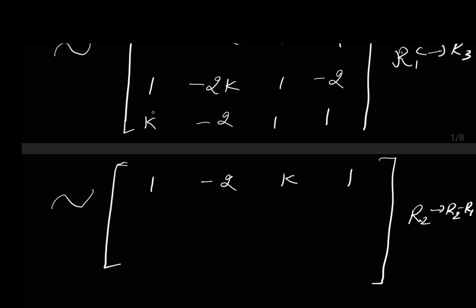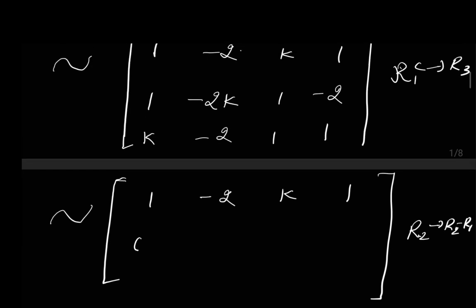I subtract it from here because I want to make it 0. So, 1 minus 1 is 0. Then R2, the next entry is minus 2k minus R1. This is minus 2, so it becomes plus 2. Write R2 as 1 minus k. Then minus 2 minus 1, so this becomes minus 3.